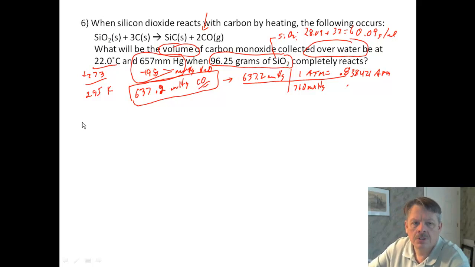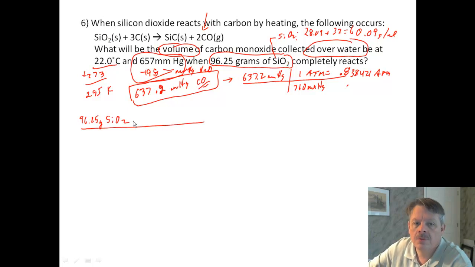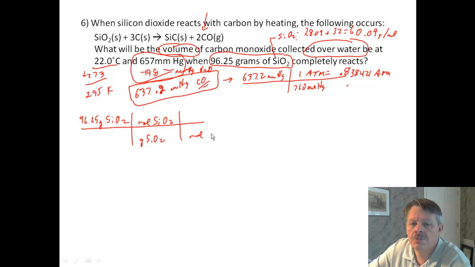So let's go and do our Stoich portion. So we're going to start with 96.25 grams of silicon dioxide. And I have to get rid of grams of silicon dioxide and go to moles of silicon dioxide. But I have to get rid of moles of silicon dioxide because I don't want silicon dioxide. I want moles of carbon monoxide. So let's see what we have.